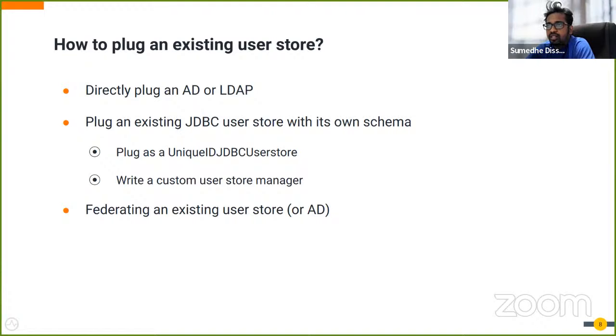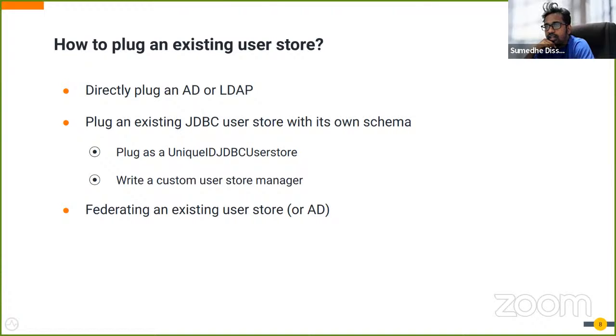Similarly, you can do the same for JDBC user stores. When connecting a JDBC user store, there are two ways. One is to use our unique ID JDBC user store, which comes with the product.